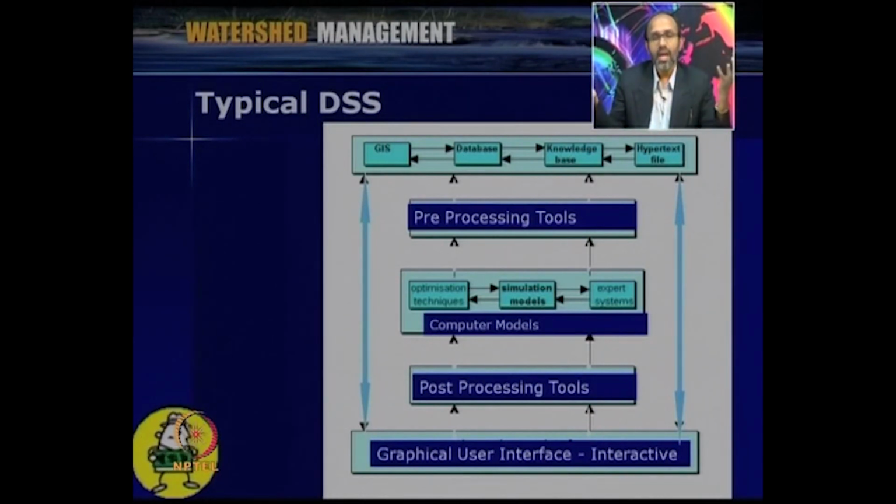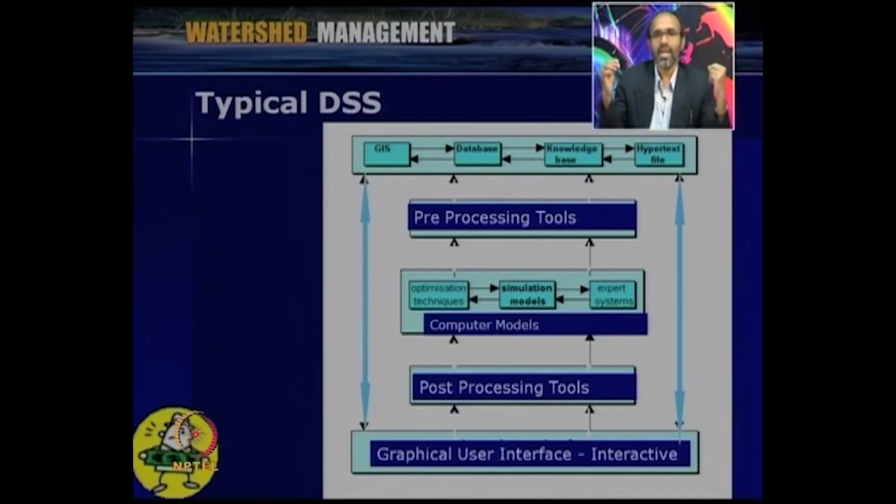These results or outcomes are given to the decision maker by using the graphical user interface. This graphical user interface should be interactive, so that the decision maker can even feed various things into the system and see what will happen if any alternative solutions are possible.